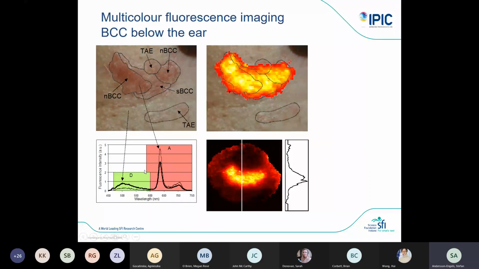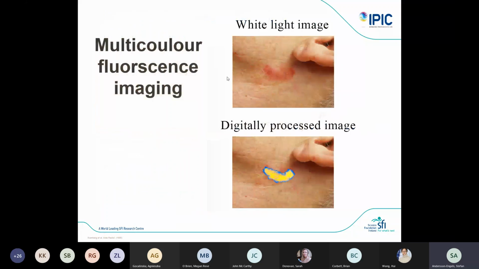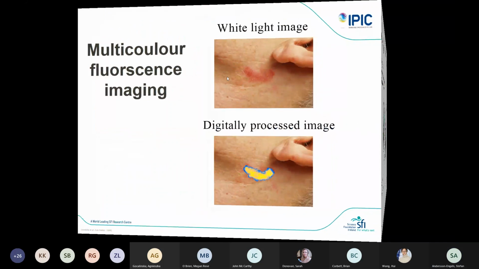You see the red region and the green region, and we plotted them with this function here: red minus green divided by green, basically. And then we got a dimensionless unit that we could overlay on the white light image to see where the lesion is. So this works actually perfectly fine.